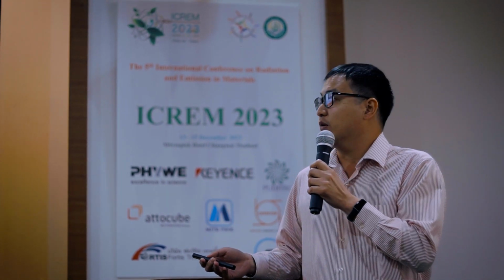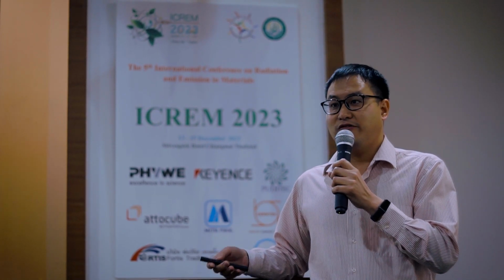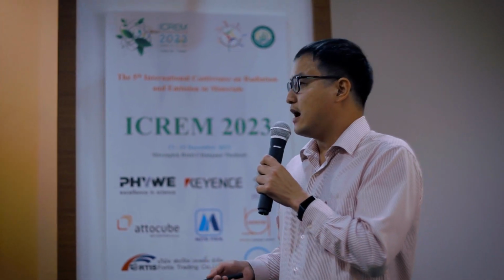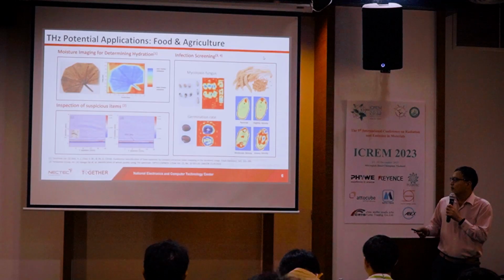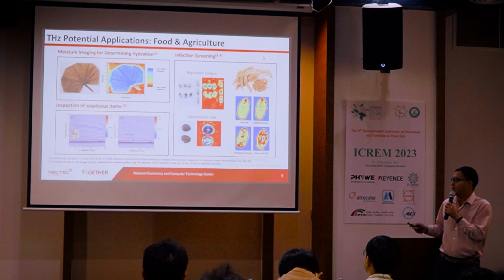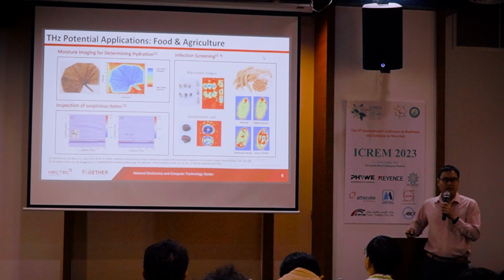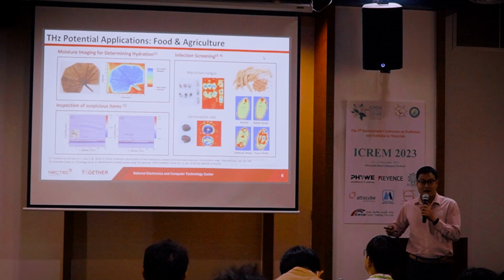With that said, there are many interesting potential applications for terahertz, and you have different applications in different areas. Let me give you some examples. First of all, in the food and agricultural sections, you can do, for example, moisture imaging to determine the hydration level within the plants.